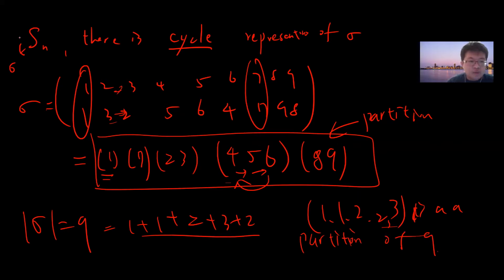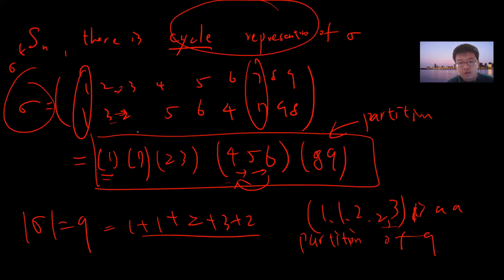Okay, so obviously, since you always have a cycle representation, every element in Sn will correspond to some partition of n.